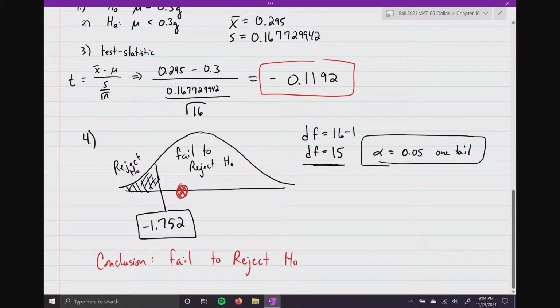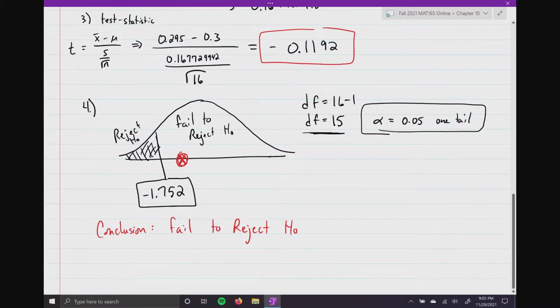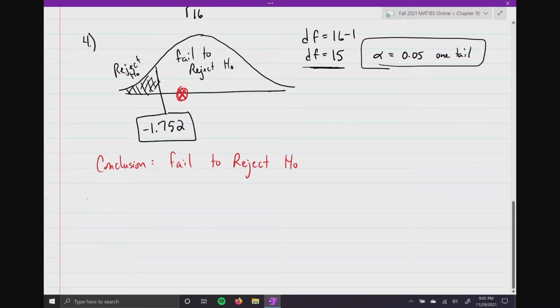H0. So if we want to go ahead and just write a little statement that summarizes what just happened here: There is not sufficient evidence to reject the null hypothesis.